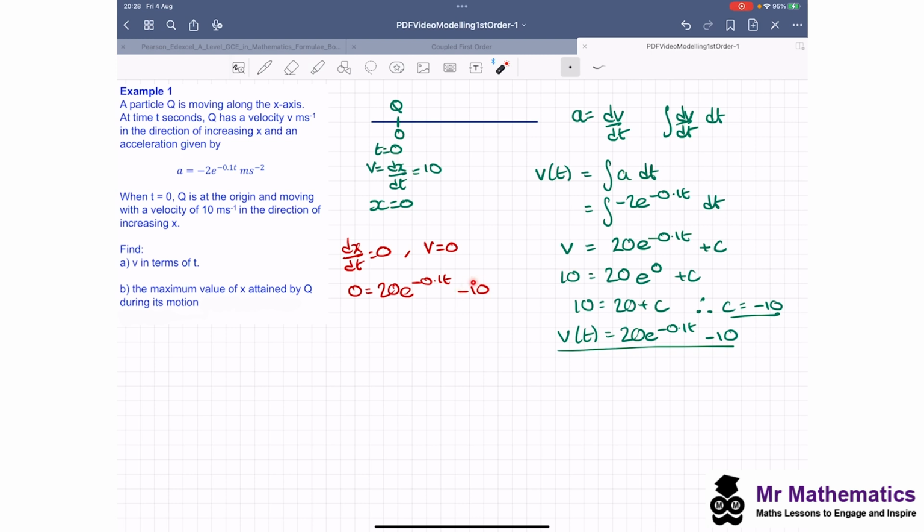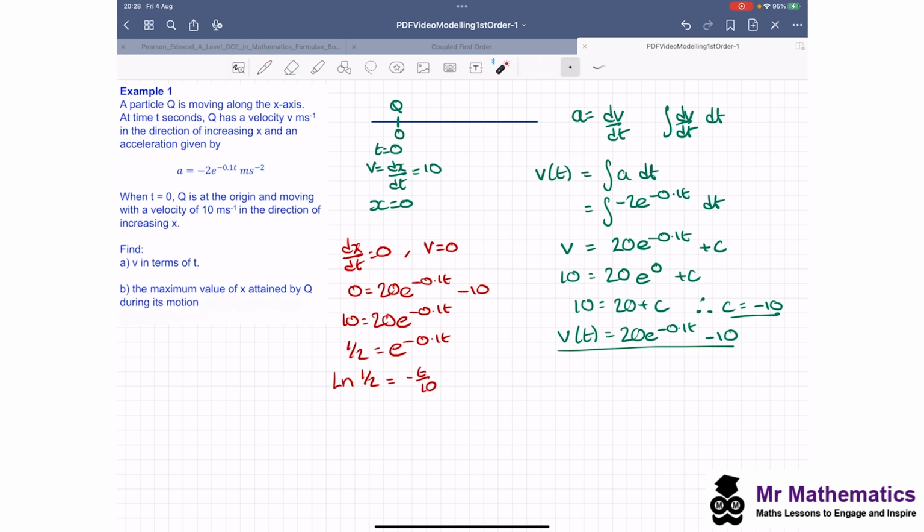We'll move this 10 to the left-hand side. So 10 will equal 20e to the negative 0.1t. Divide both sides by 20, so we get 1/2 equals e to the negative 0.1t. And then we'll take the natural log of both sides. So the natural log of 1/2 is equal to negative 0.1t. And to make the right-hand side simpler, I'm going to write that as negative t over 10.